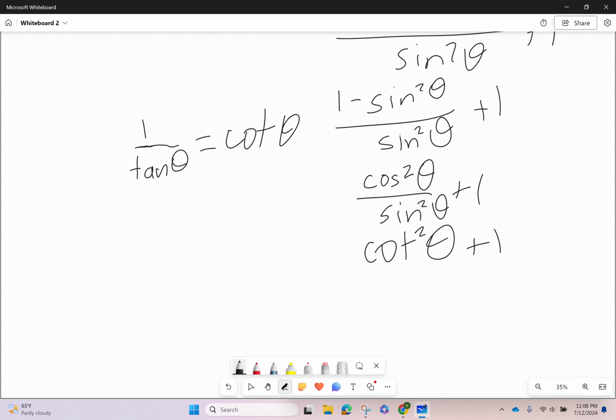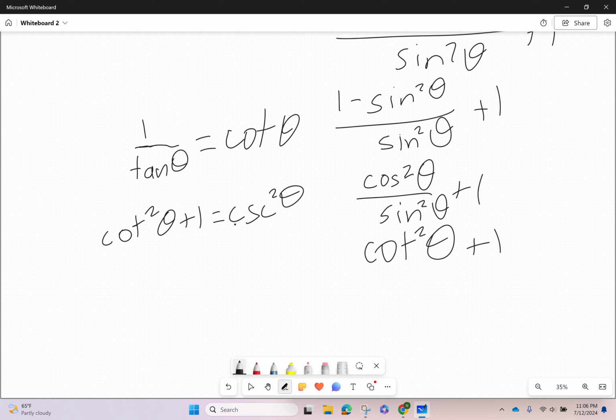Now, this right here is a different trigonometric or Pythagorean identity that we haven't seen yet, but it is one that we should know. Cotangent squared theta plus 1 is actually equal to cosecant squared theta. And we see the cotangent squared theta plus 1 over here, and we see it over here on the right.